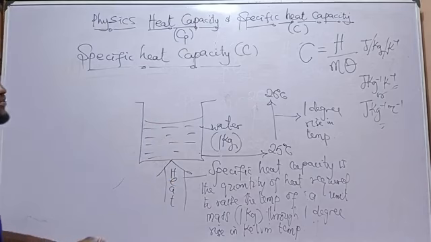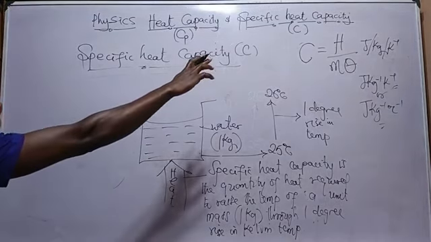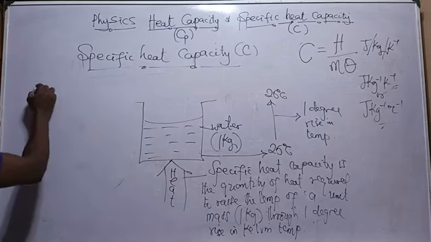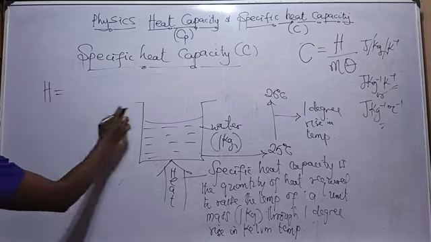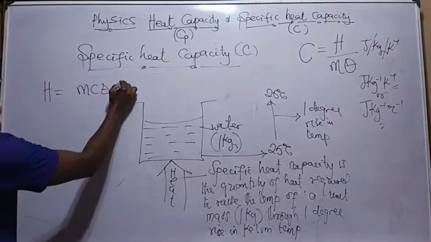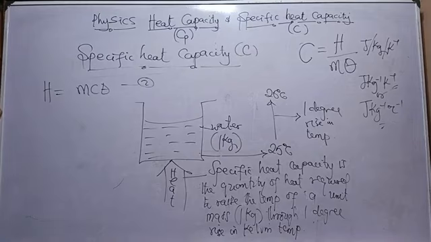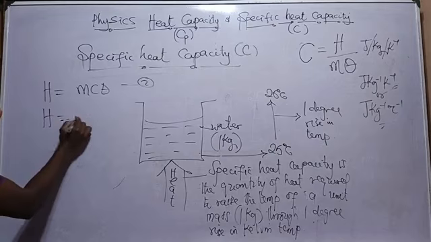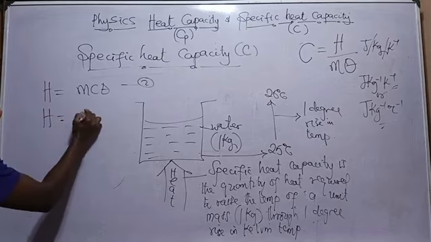Okay? Now, from what we have as the formula, if you make H the subject there, we are going to have H equal to m times c times theta, we have mc theta, equation 2. Remember, initially we got equation 1 from heat capacity, which is C theta.